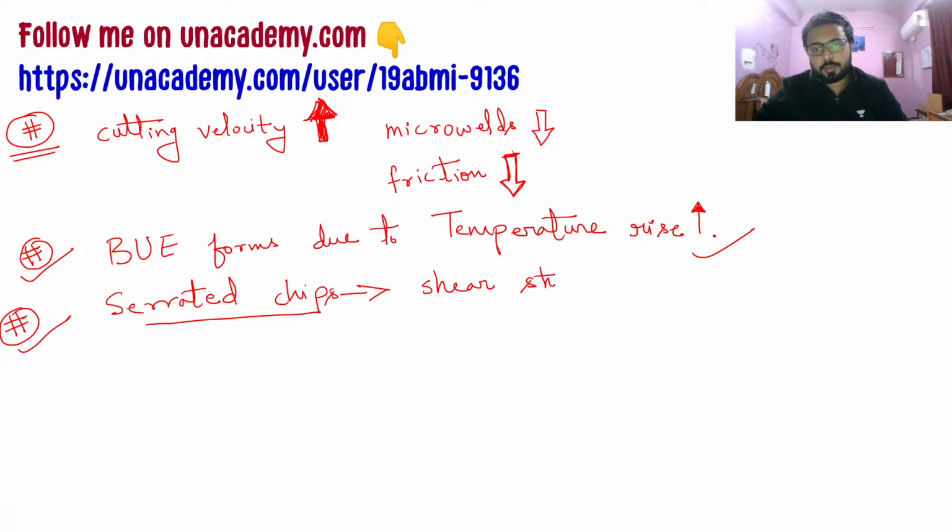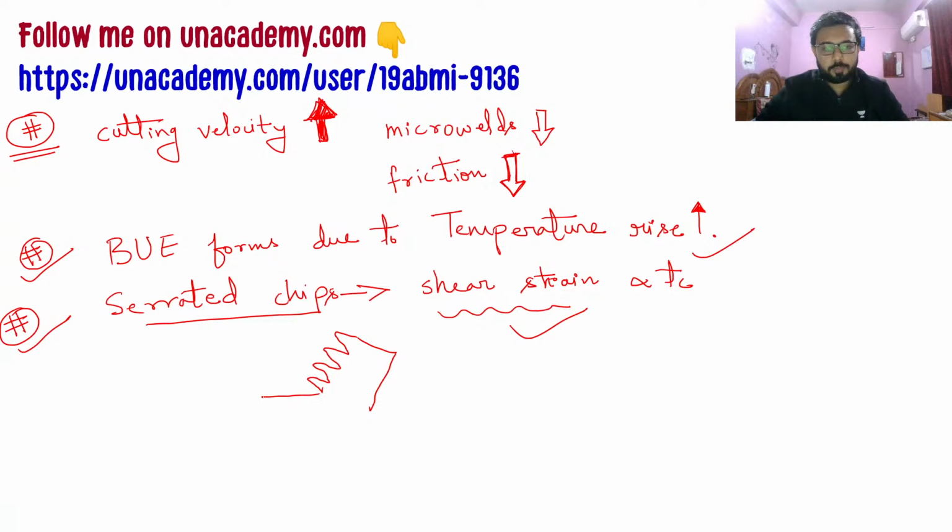So shear strain is proportional to chip thickness, and therefore we will have this different chip thickness, and the chip will look something like this. As you can see, the chip thicknesses are different, and the reason is that shear strain in the different regions of the chip is different. So this is your serrated chip.